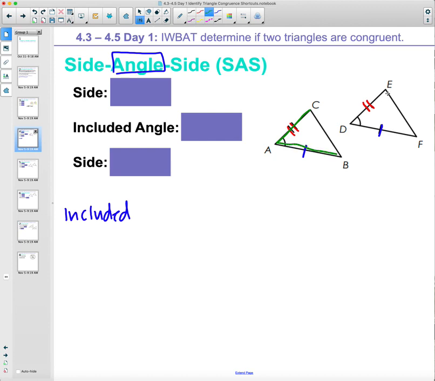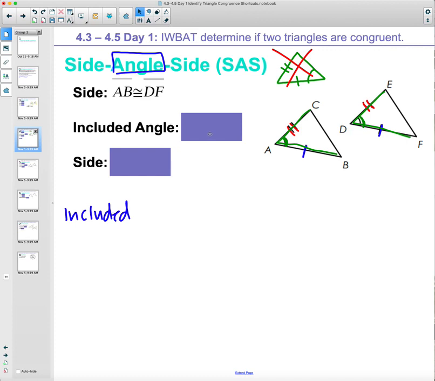If the angle that's created by those sides is also congruent, then these 2 triangles are congruent to each other. It has to be the included angle. It can't be one of these outside angles. So it has to be the angle between the 2 sides. If it's like this, that's not an included angle. So this does not count.